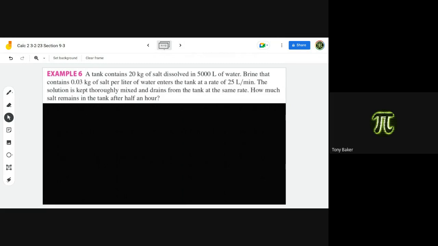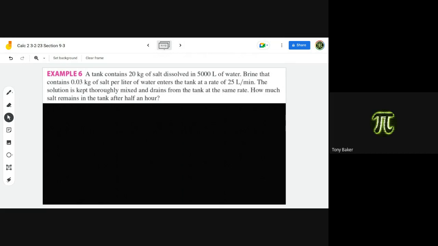So as 25 liters per minute are going in, 25 liters per minute are going out. The 25 liters per minute going out is the same as the mixture of the tank. It's not exactly what's coming in. Does that make sense?